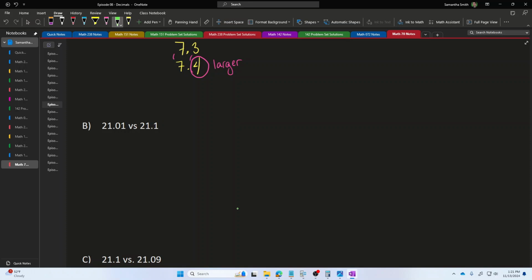Well, thinking about this financially, I'm definitely going to have more cash if I have $21.10 versus if I had $21 and only 1 cent. So 21.1 is just a little bit larger than 21.01.